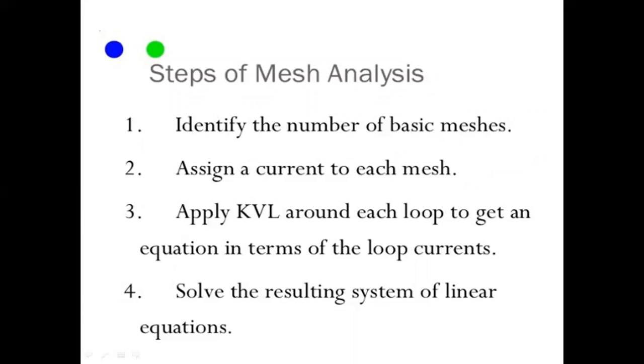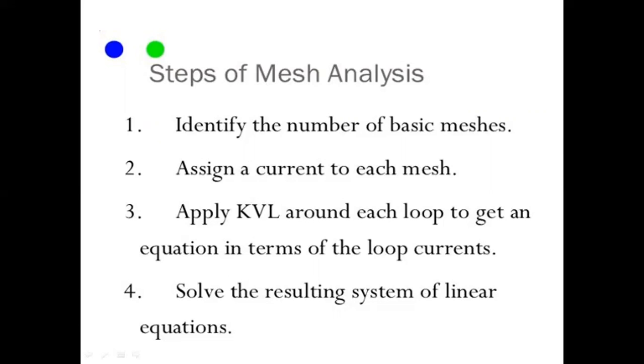Now the steps to solve any circuit using mesh analysis. So what are the steps? We have a total of 4 steps to follow to apply mesh analysis for any circuit. The first one is identify the number of basic meshes. First we have to identify how many meshes there are, so selection of that is very important.